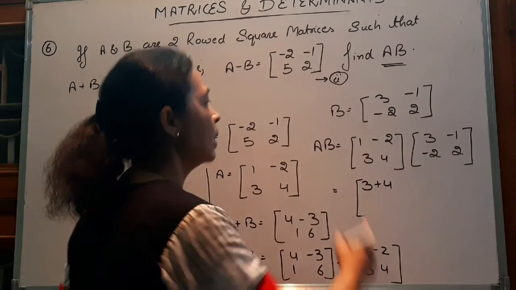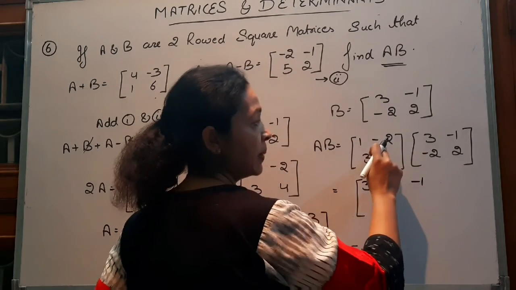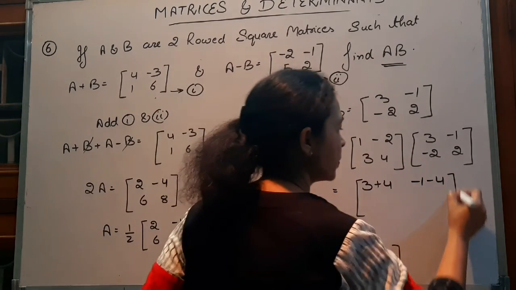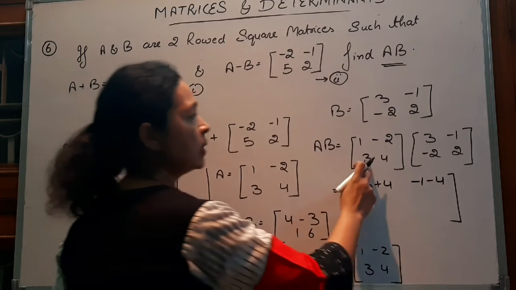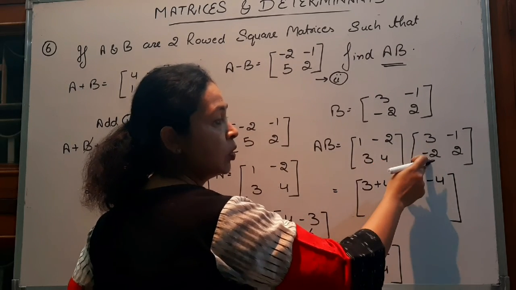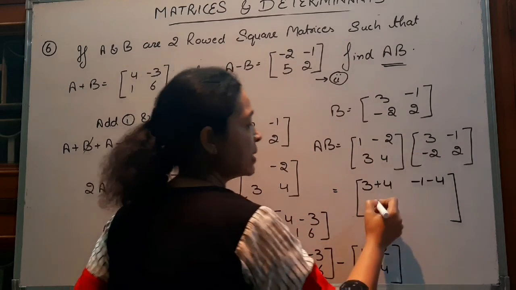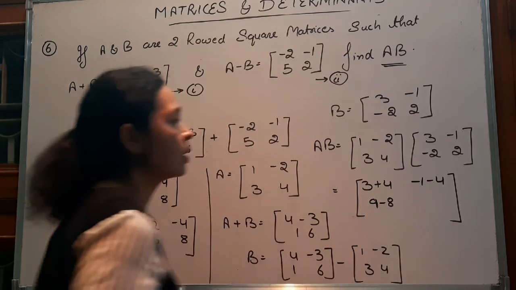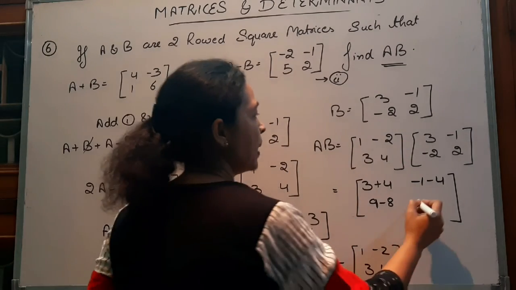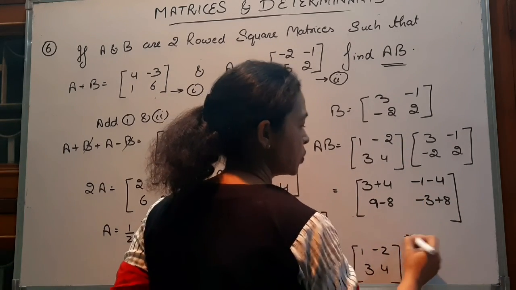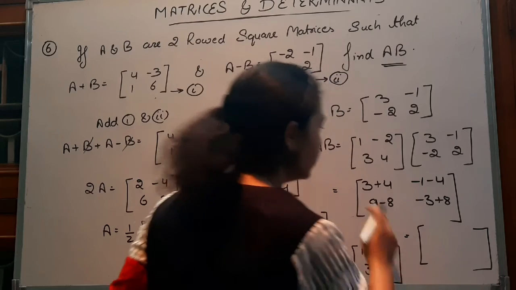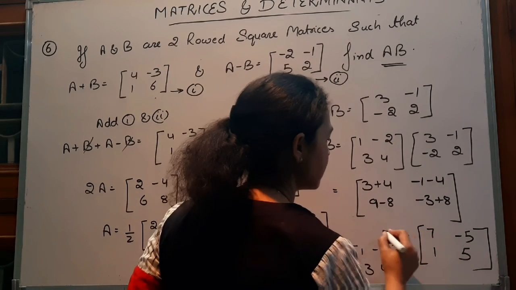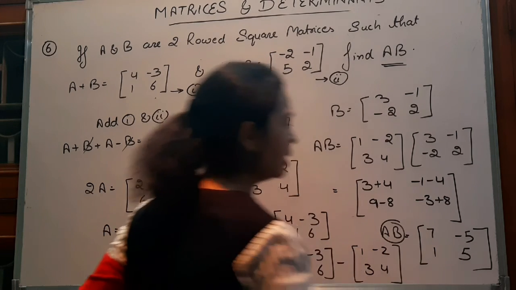First row, second column: 1 into minus 1, minus 1, plus minus 2 into 2, minus 4. Second row, first column: 3 3s are 9 plus 4 into minus 2, minus 8. Second row, second column: 3 into minus 1, minus 3 plus 8. So matrix AB will be 3 plus 4, 7, minus 5, 1 and 5. This is our matrix AB and our final answer.